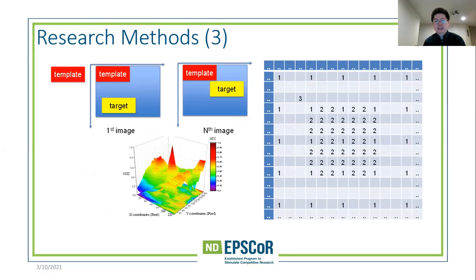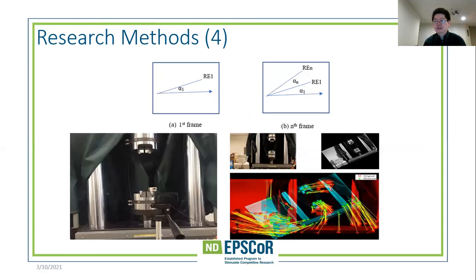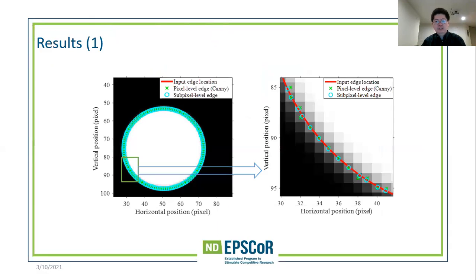We can also speed up the template matching through a skipped NCC method, in which we check the image blocks at a certain distance, then find the maximum one and zoom in to look into the local region to find a reference point for calculation of the displacement. And if rotation happened, we can rotate it back to the original state too. So with those, we can get the displacement monitored accurately.